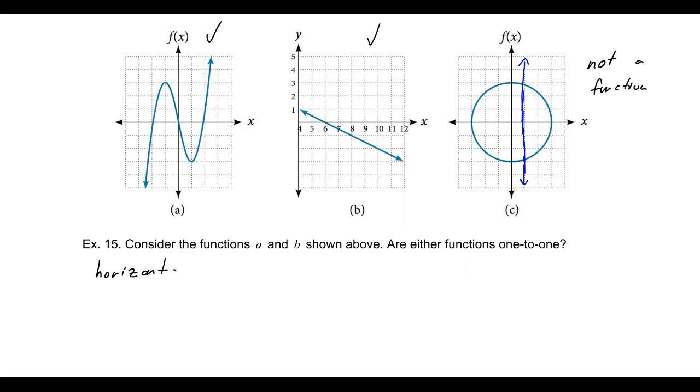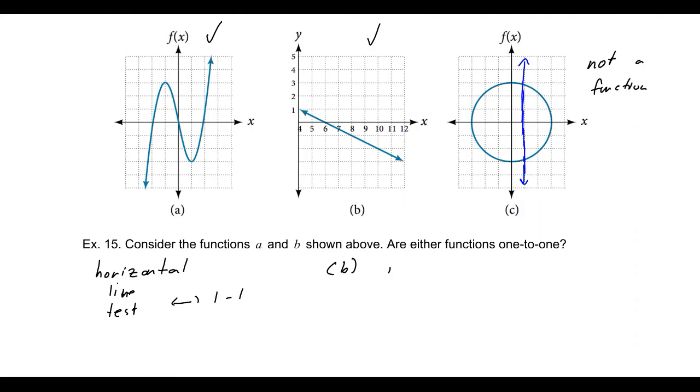So the horizontal line test tells us if it's one-to-one. All right, so if I take a horizontal line, it'll work just fine on B. So B is one-to-one.